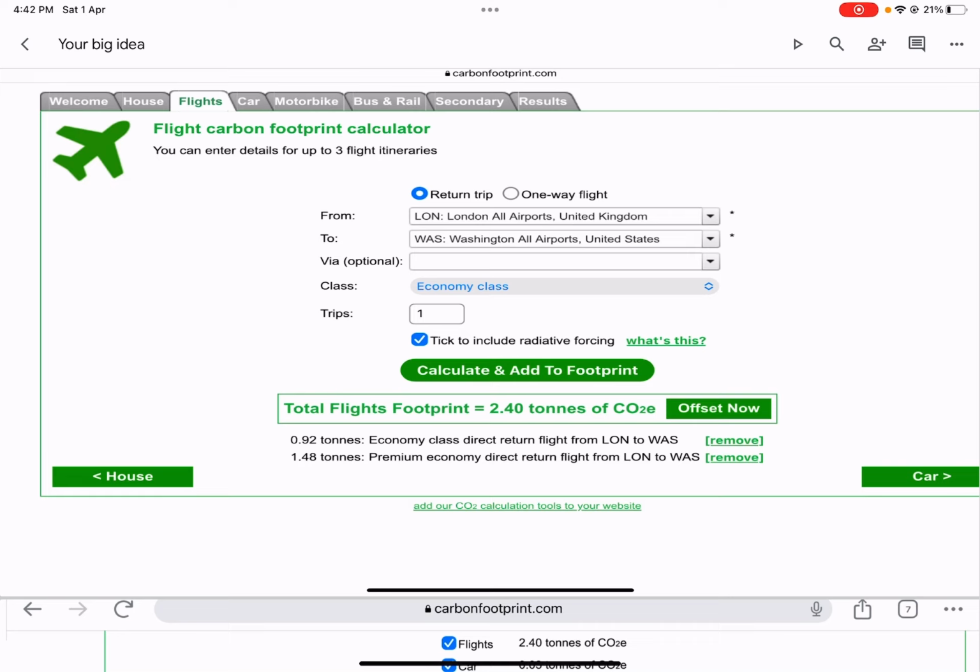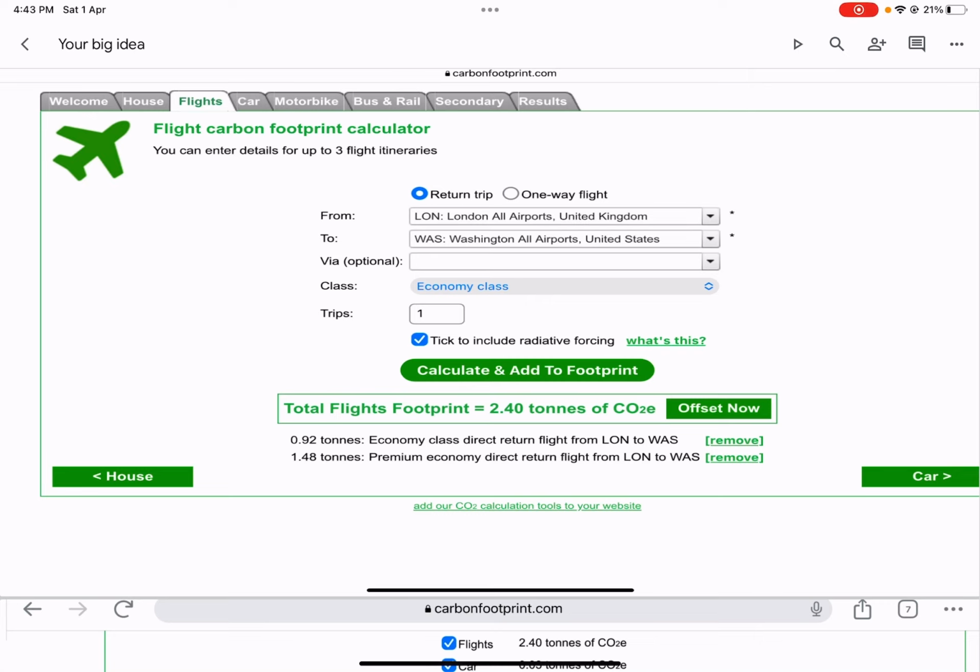So if that is done, then there is a multiplier factor which is inherent in the calculator. It would multiply directly with that, and it will give you the carbon footprint. So I have included here the information in my calculator for a travel from London to Washington, one return trip, by economic class, and I have included radiative forcing, for which the carbon footprint calculator has generated my footprint from the flight travel as 2.4 tons of CO2 equivalent.